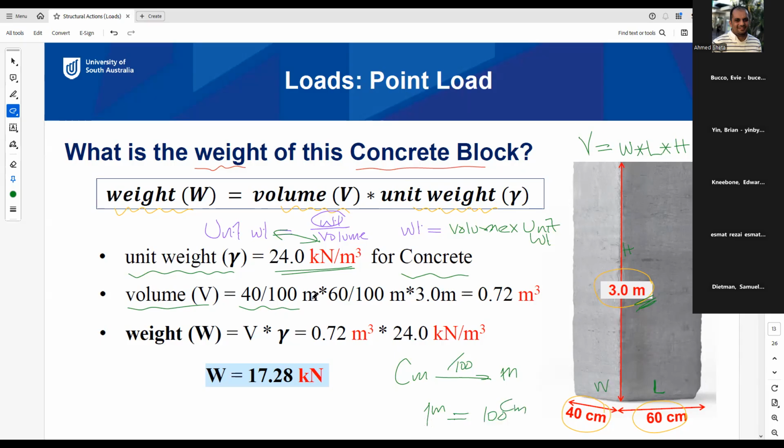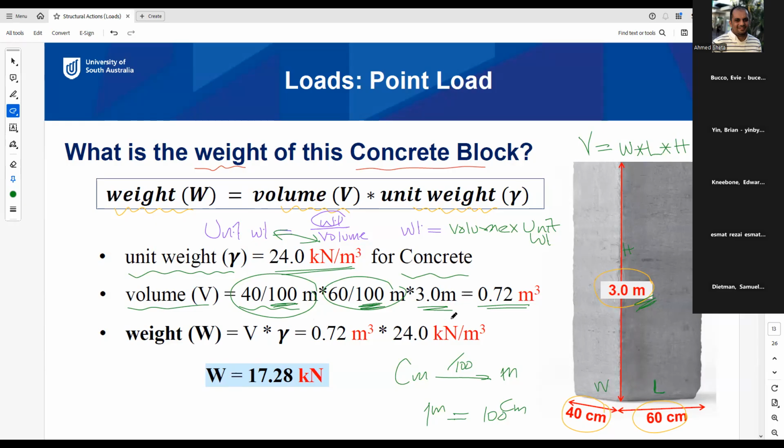That's why in this formula here, I convert 40 centimeter to meter by dividing over 100. Times 60, also divided by 100 to convert from centimeter to meter, times 3 meter. So the total volume of this concrete block is 0.72, which is the product of 40 over 100 times 60 over 100 times 3 meter.